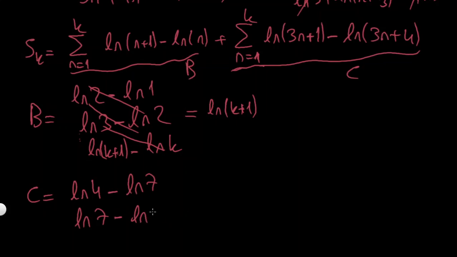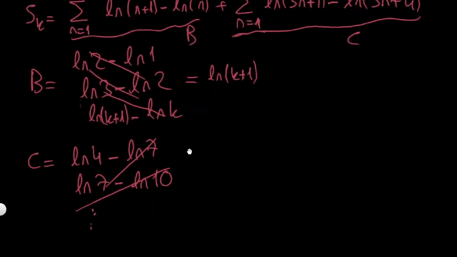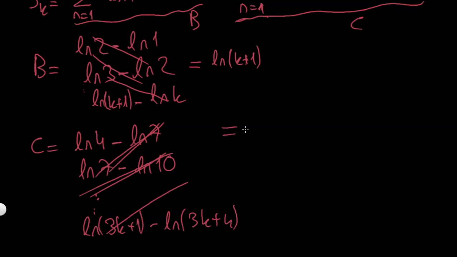So it's going to go like this, and this time I'm going to have canceling like this. If I go to the last step, which is n equal to k, it's going to be ln of 3k plus 1 minus ln of 3k plus 4. And so it's crossing like this, so this will also cancel, and c is going to be equal to ln 4 minus ln of 3k plus 4. Okay, cool.